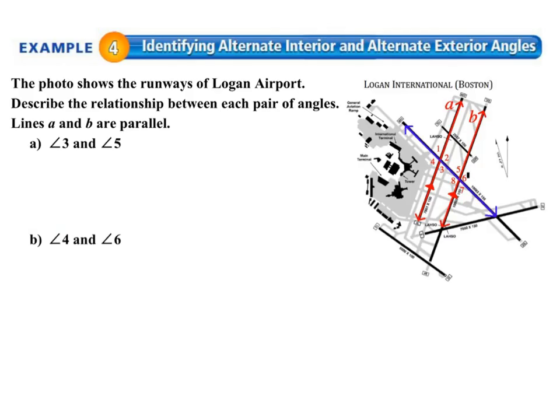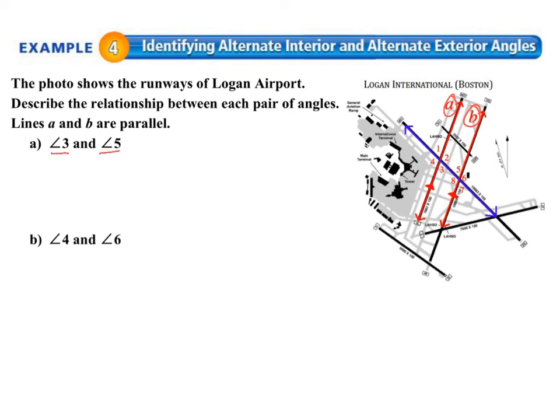So just in learning this vocabulary, we have an overhead shot of Logan Airport in Boston, and you can see that we have two parallel runways, A and B, cut by another runway. This runway is formed by the blue line, which I haven't named, but this blue line is the transversal. And it's asking us, what's the relationship called between angle 3 and angle 5?